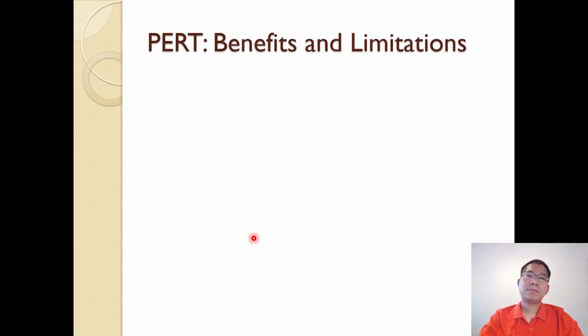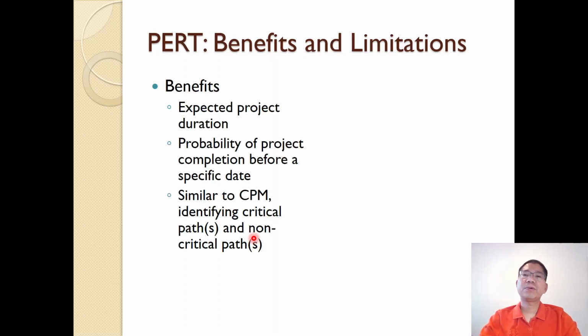As you will see in the problem we apply for today's lesson, I just want to wrap up PERT before we apply that. So what are the benefits and limitations of PERT, the program evaluation and review technique?